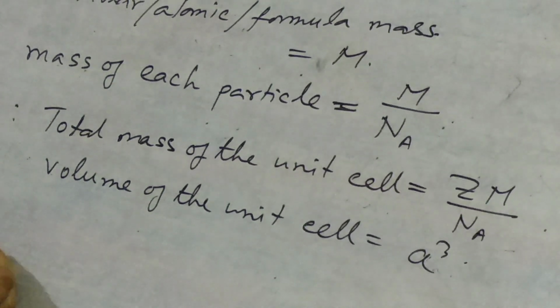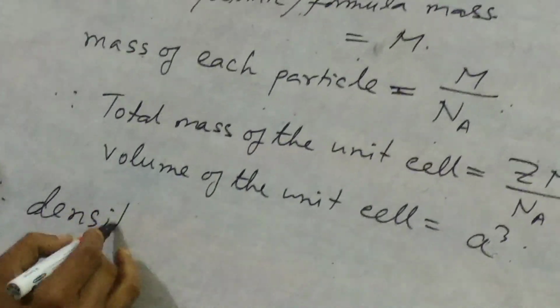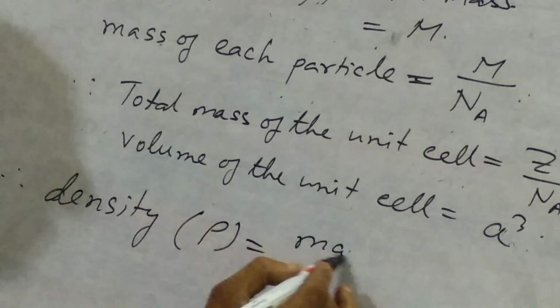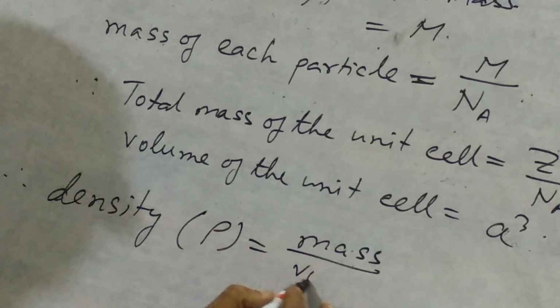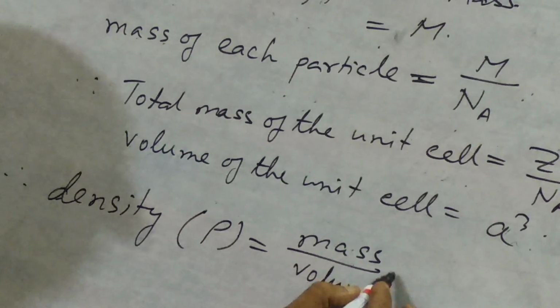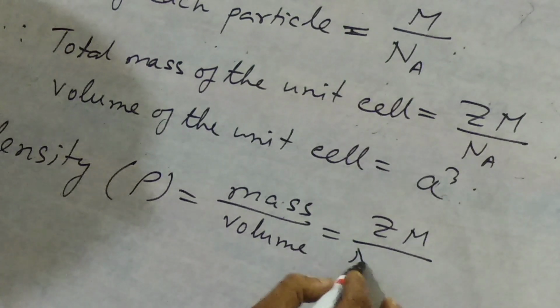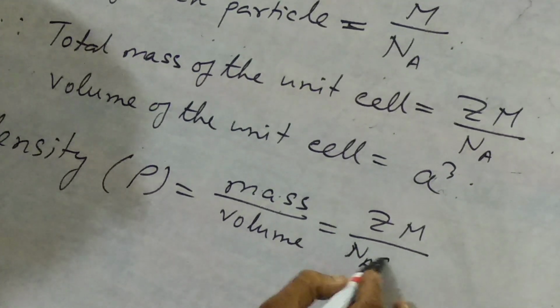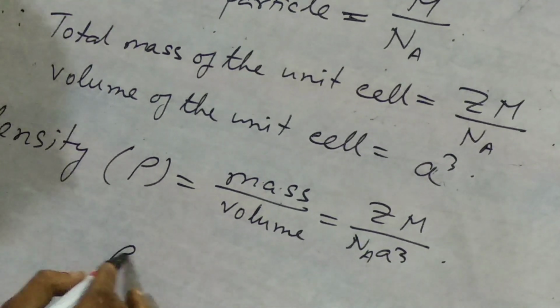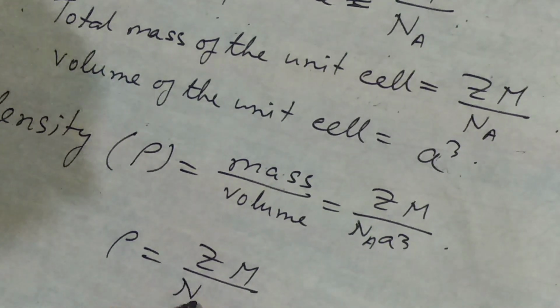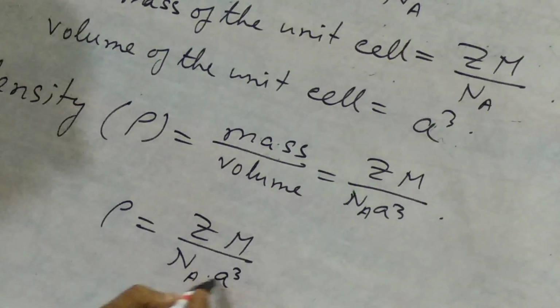Therefore, density rho is given by mass by volume, which becomes equal to Zm by N_A into a cube. That is, rho equals Zm by Avogadro number into edge length cube.